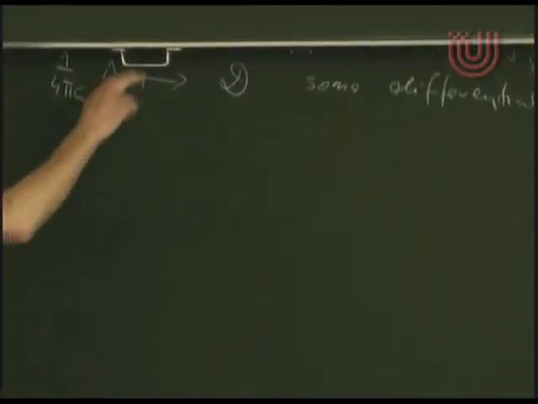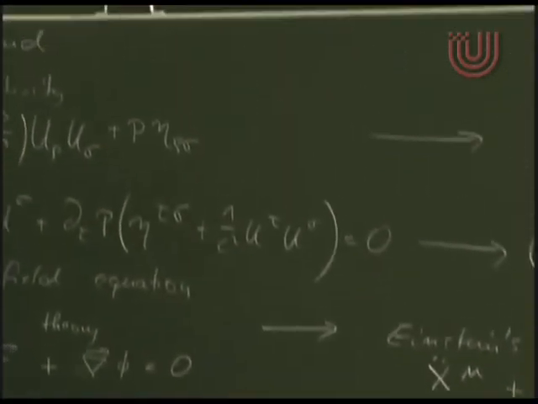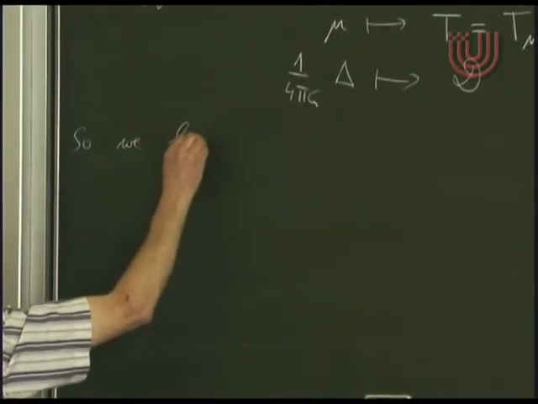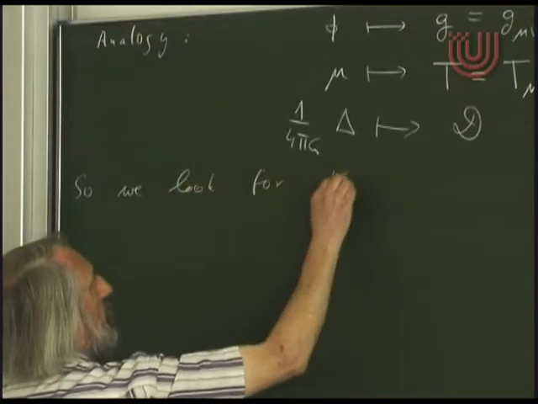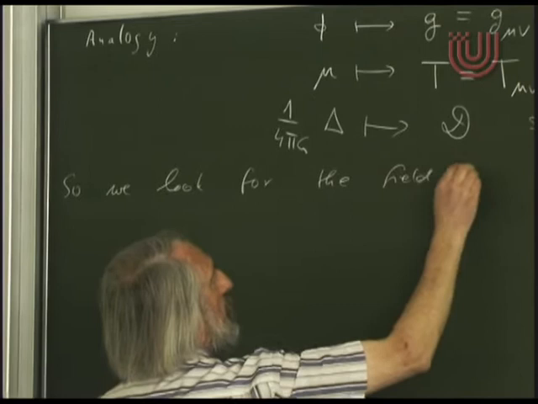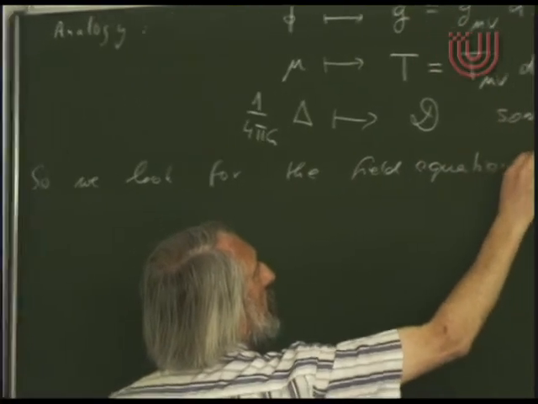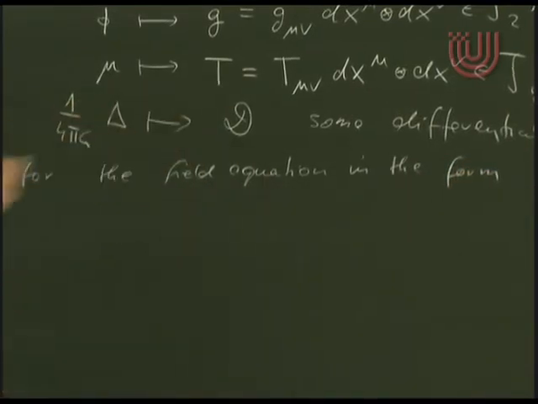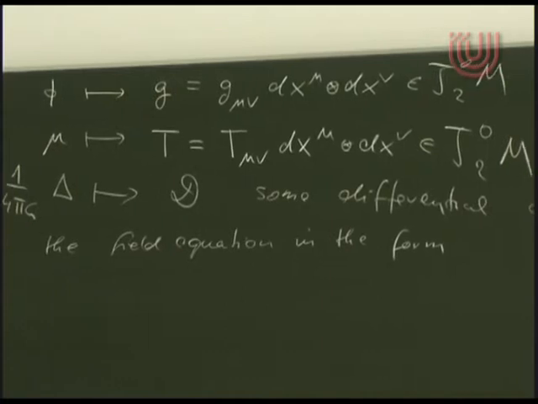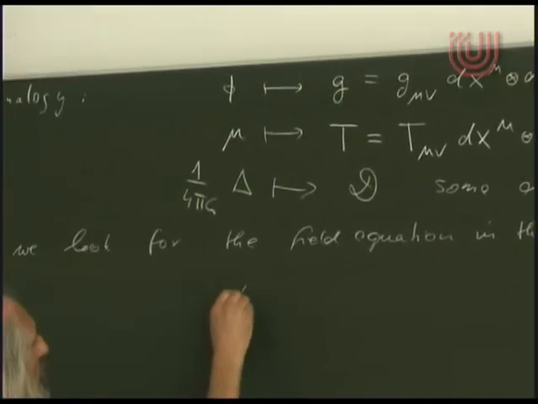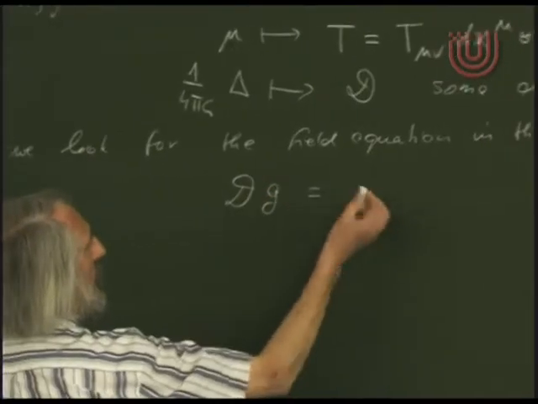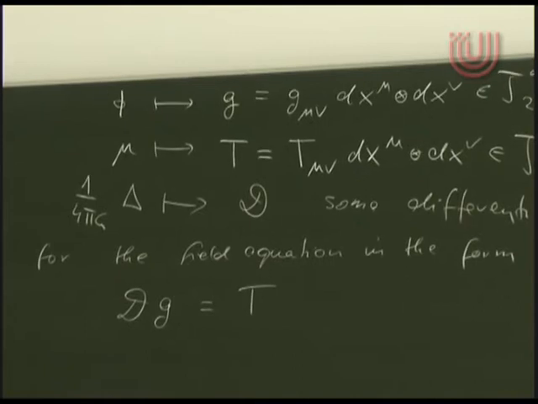So if I take this together, we look for the field equation in the form where I just replace everything according to this rule. On the left-hand side, I have this operator, which is replaced by this D, which I don't know yet. The phi is replaced by the metric, and the energy momentum tensor is replaced by the T. So that would be the general form of the field equation.